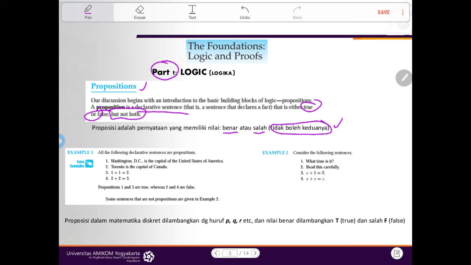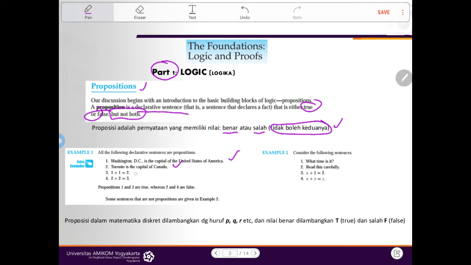Example, the proposition is Washington DC is the capital of United States of America. This is a sentence that has a value, and here it is true. Toronto, the capital of Canada, is a sentence that has a value but false.